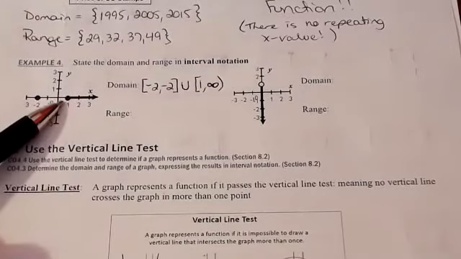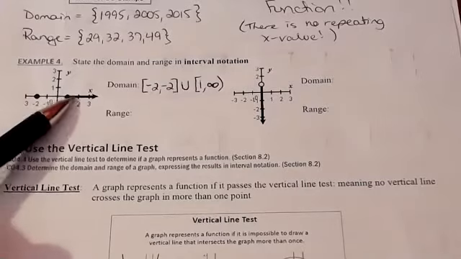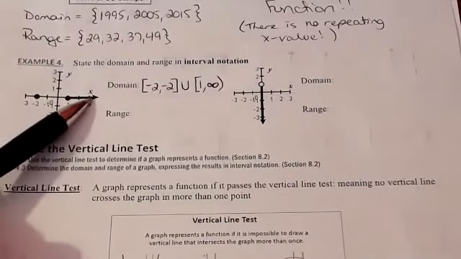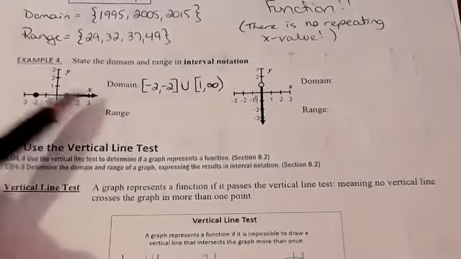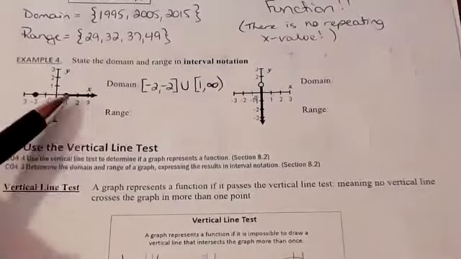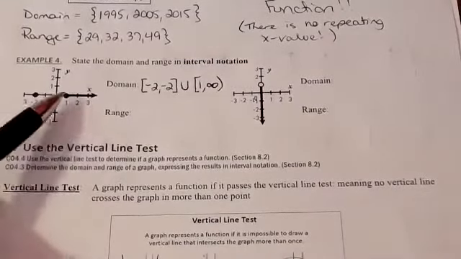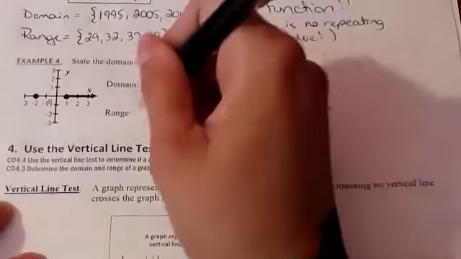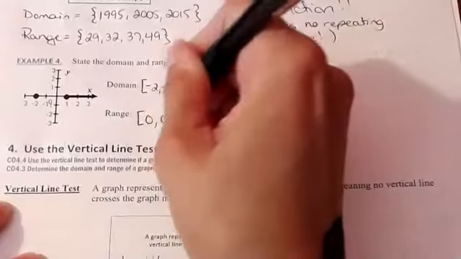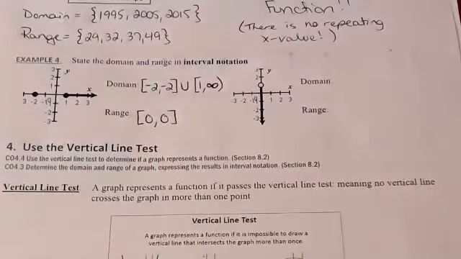This point has the coordinate (1, 0), (2, 0), (3, 0), and everything in between, 0, 0, 0. So what we're saying here is that no matter where we are, the y coordinate is always 0, and that's it. So the range in this case is simply going to be [0, 0]. That's the only value in our range, and we are definitely including it.